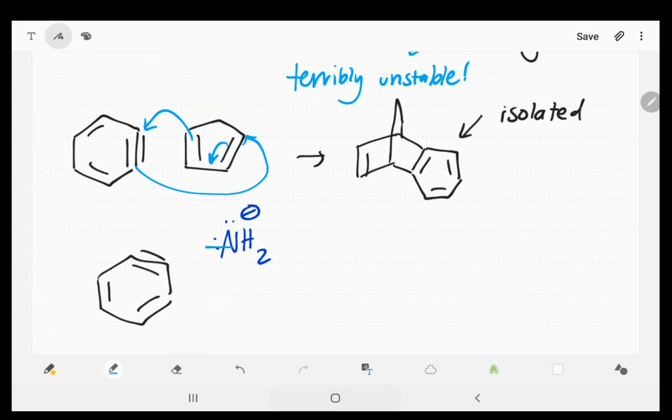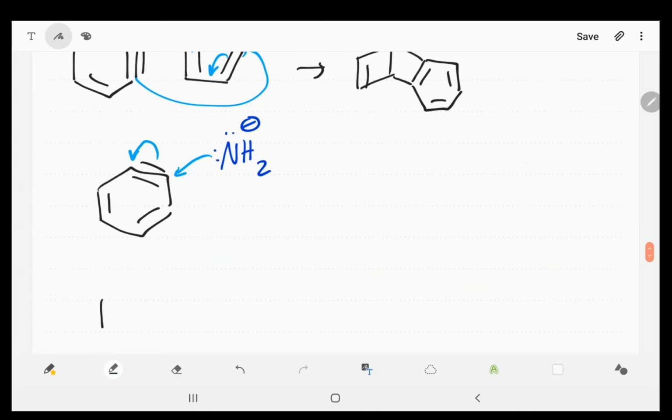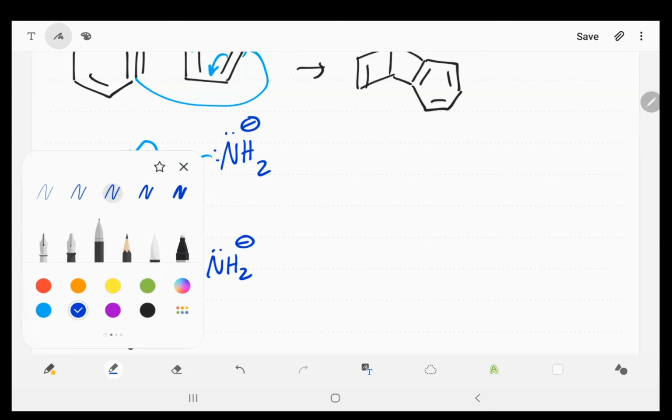Option 1. We can go ahead and attack that carbon. Option 2. Option 2 is we attack the other carbon.